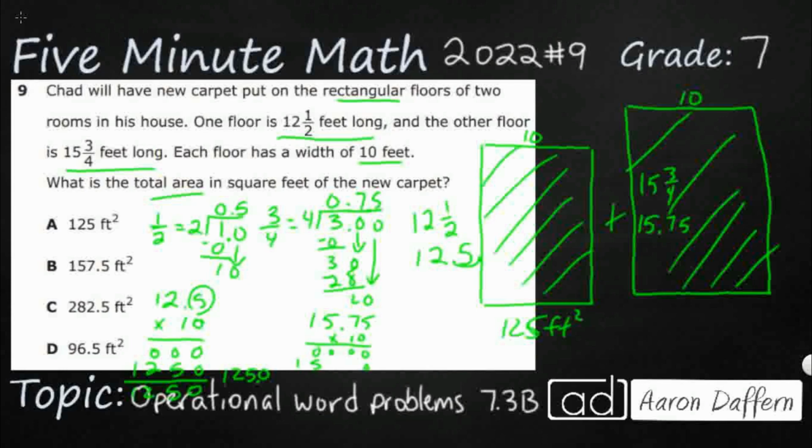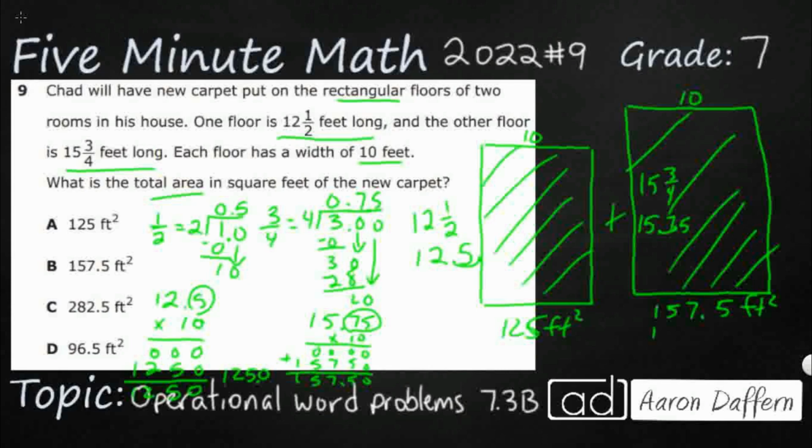Next row is 1575. So look what I get: 15750. I've got 2 digits behind the decimal, so I need 2 digits behind the decimal. So it's going to be 157.5 square feet. If I just move the decimal over once, that's what times 10 means.